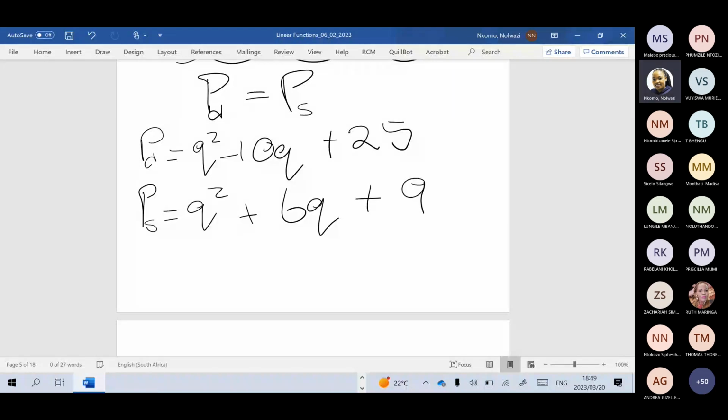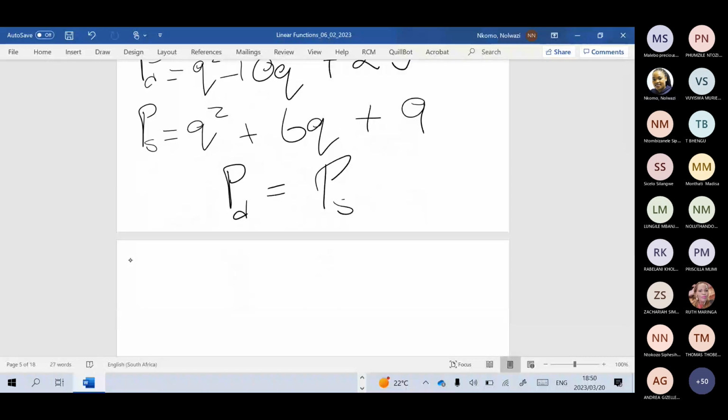We said to find the equilibrium point, we use the demand function equals the supply function. Our demand function is q squared minus 10q plus 25, equals the supply function, which is q squared plus 6q plus 9.